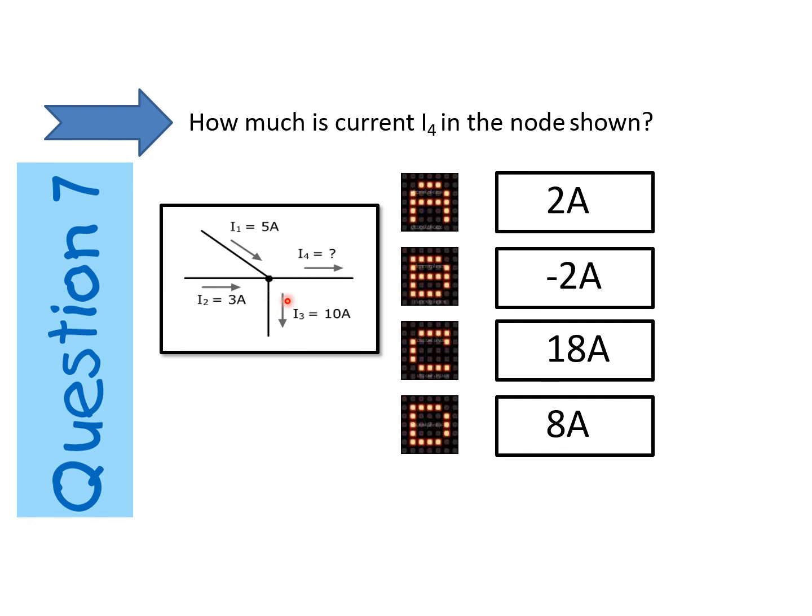The leaving currents are I4 and I3. The sum of entering currents is equal to the sum of leaving currents. So here entering is 8 amperes, and leaving is equal to 10 plus I4. I4 value we don't know, but the sum should be equal to 8. So what should be the answer? When you subtract 2 from 10, then we'll get 8. So the answer is minus 2 amperes.